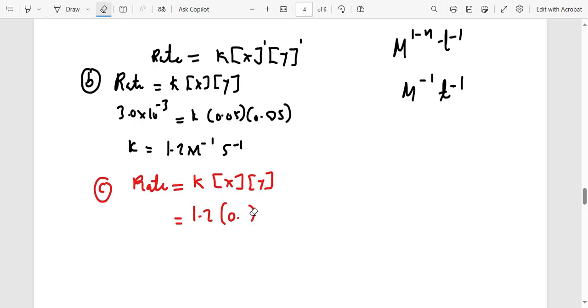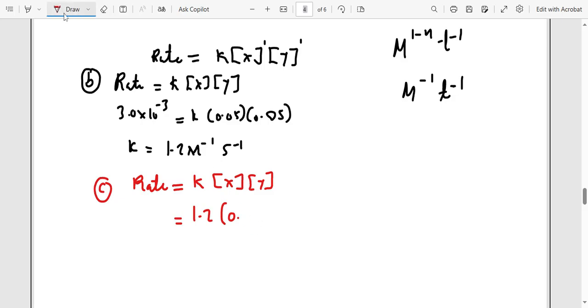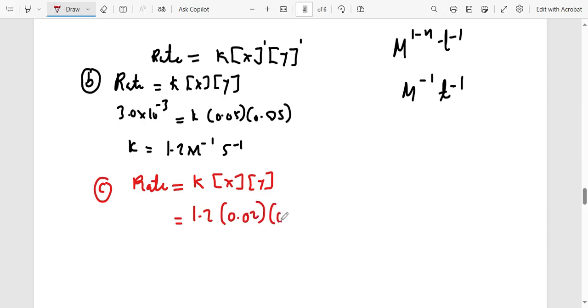So you multiply: where there is X you put 0.02, where there is Y also 0.02. That will give us 4.8 times 10 to the power negative 4. This is the rate. The unit is molar per second.